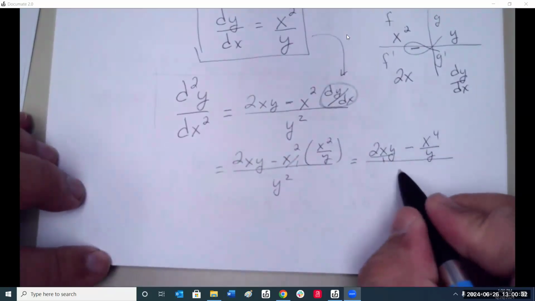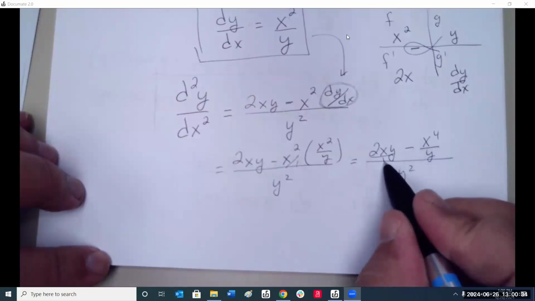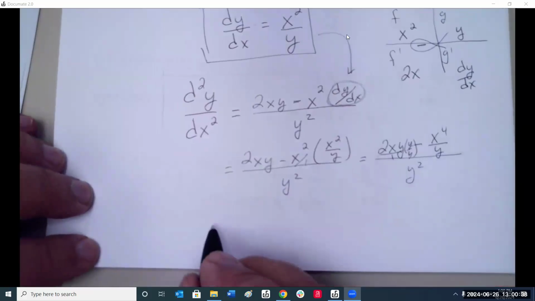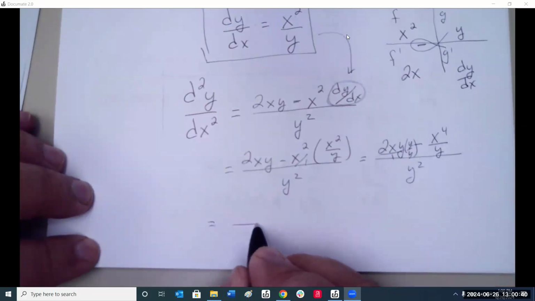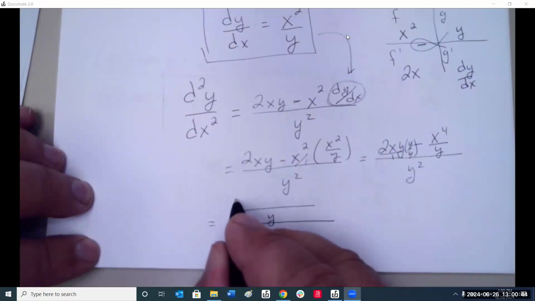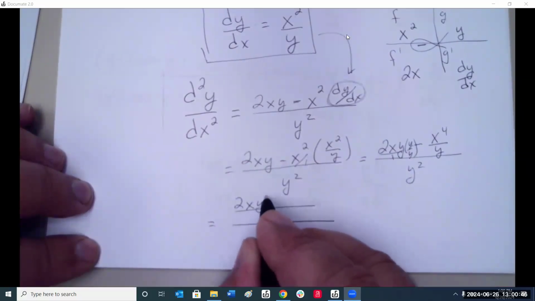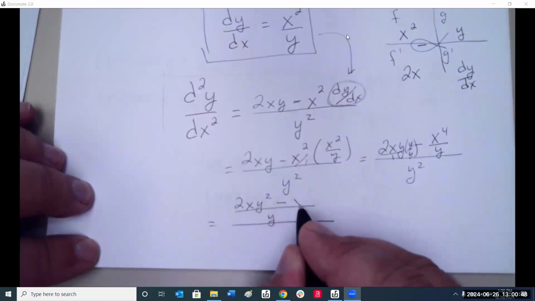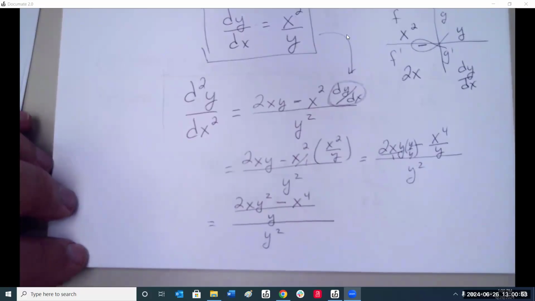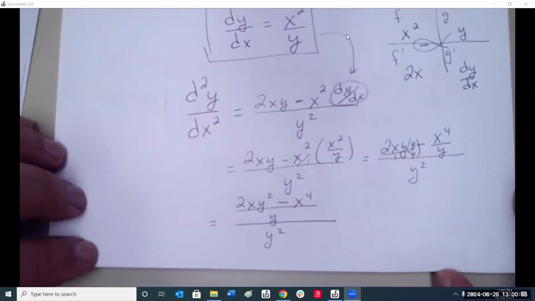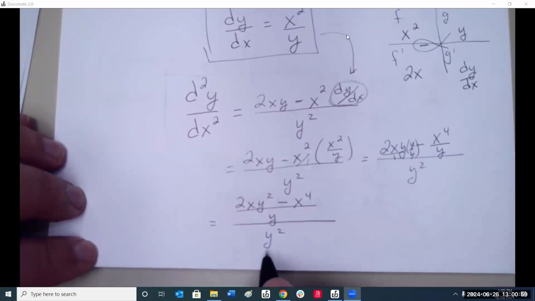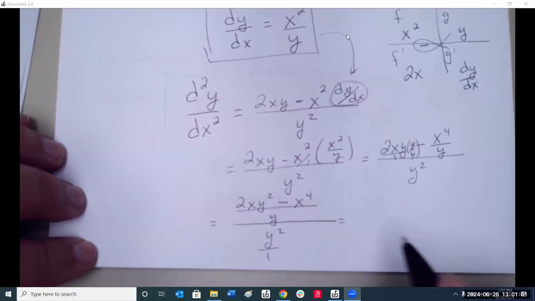You have to get a common denominator. So we have to multiply y over y. Two x y squared minus x to the 4th over y squared. Is that a common denominator? It's a fraction over a fraction.